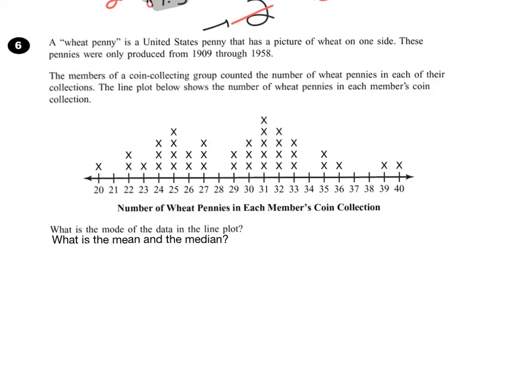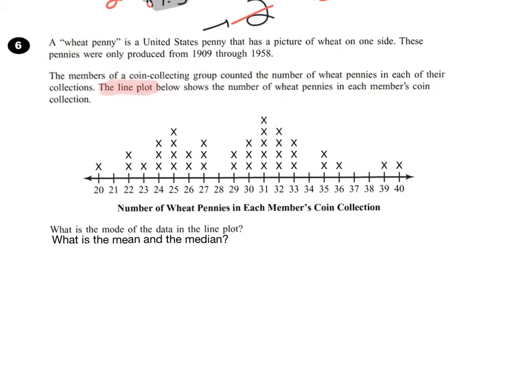So the average equals the sum divided by the number of numbers. For problem 6, a wheat penny is a United States penny that has a picture of wheat on one side. These pennies were only produced from 1909 through 1958. The members of a coin collecting group counted the number of wheat pennies in each of their collections. And below, this is what we call in statistics a line plot.